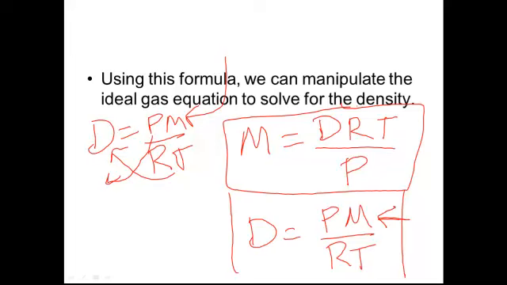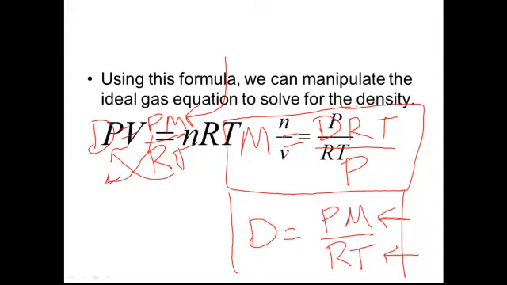So nighttime, PM over RT, right time. And the way I remember the molar mass equation is DRT altogether. It's kind of like dirty. And then you've got P on the bottom. So I remember molar mass as dirty P. So we've got the dirty P equation and the nighttime over right time equation for both of those.